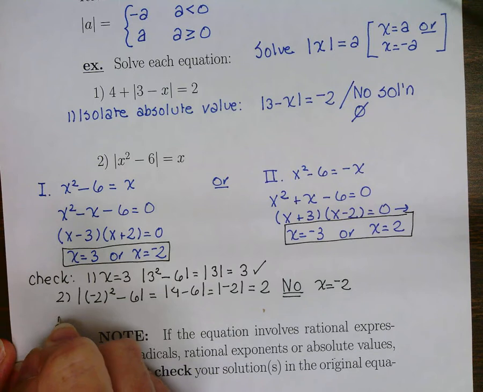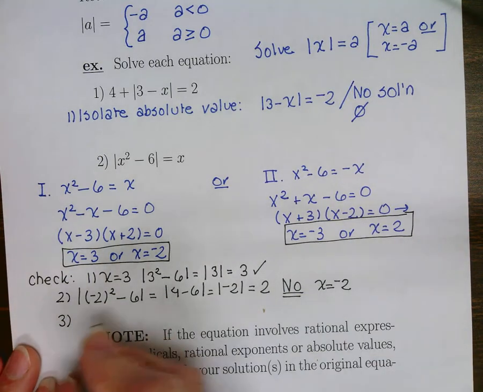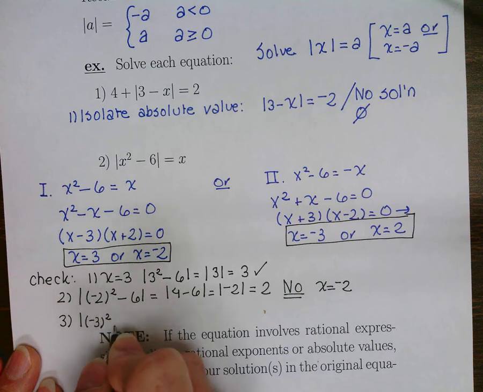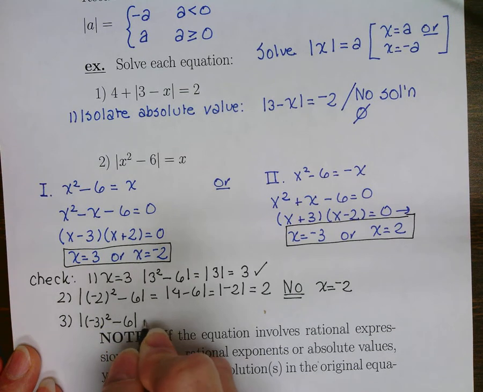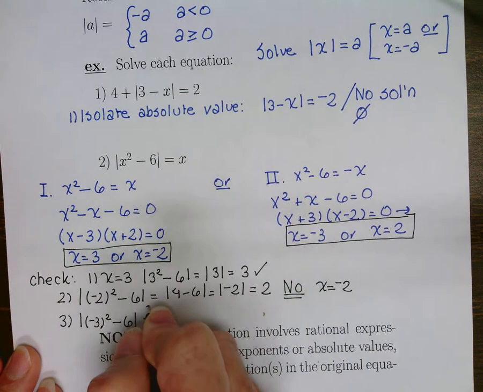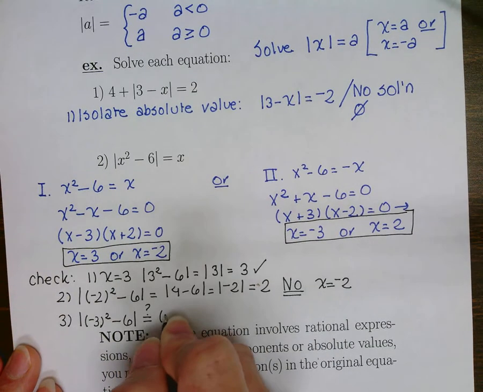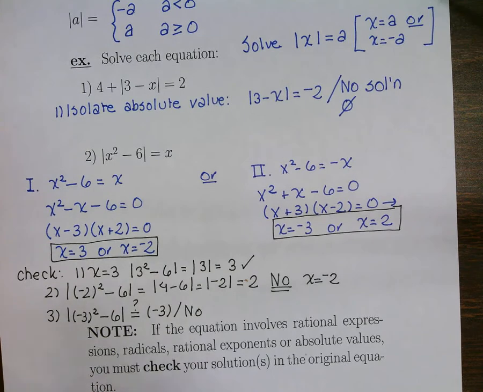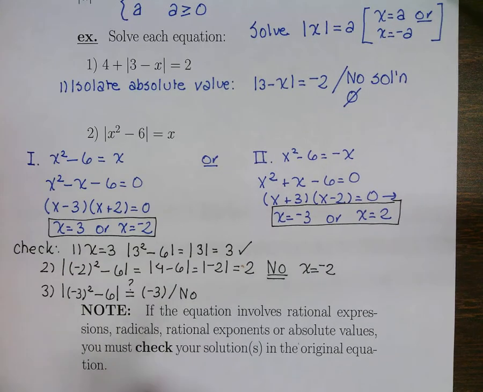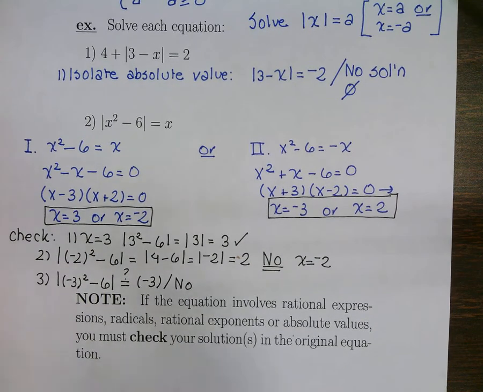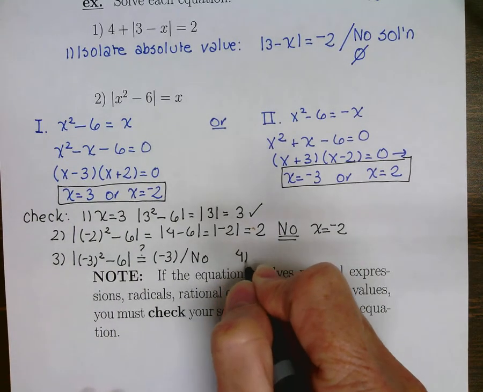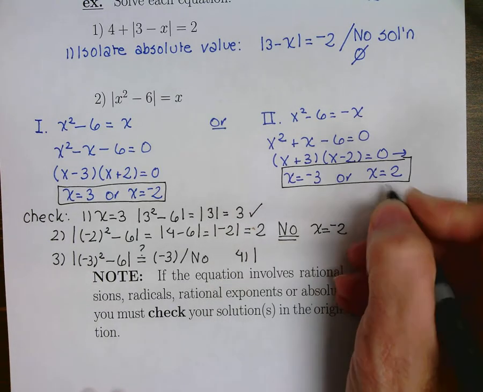And you will see very easily that I have the same problem if I try plugging in -3, because that's going to be a positive quantity and I'm asking it to be equal to -3. And the answer is no. Okay, now does that mean every negative value is going to fail in any equation? Absolutely not. You have to test each one to make sure. But we do still have one left to go.